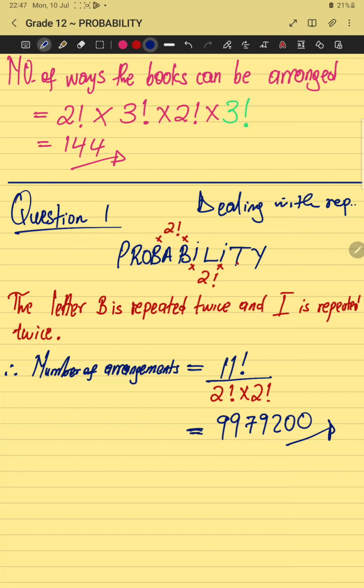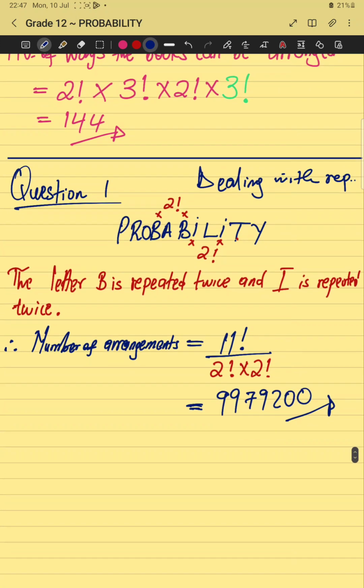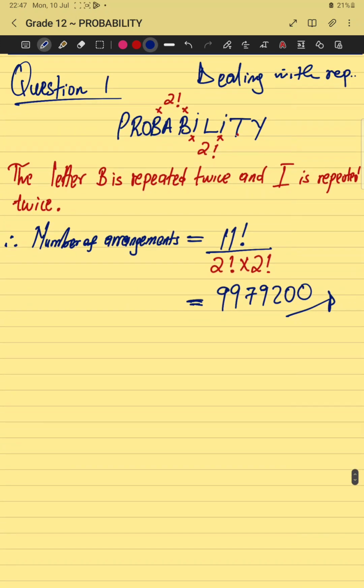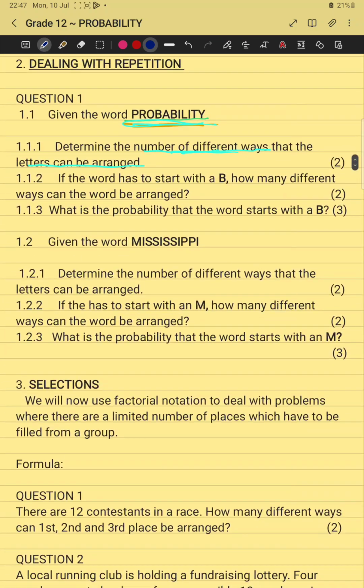Guys, it's possible that you're going to get bigger numbers, so don't be shocked, as long as you know the rule and what to do in each question. All right, now let's go to the next question.